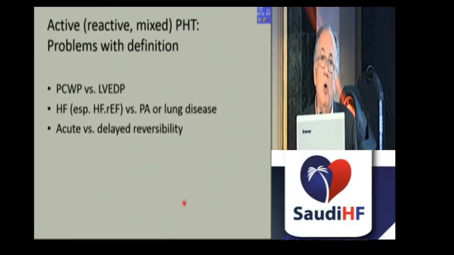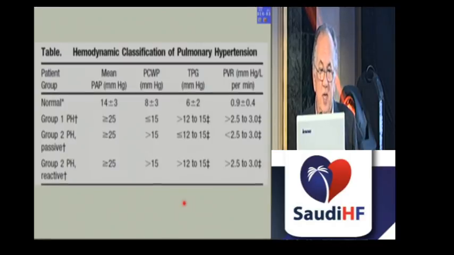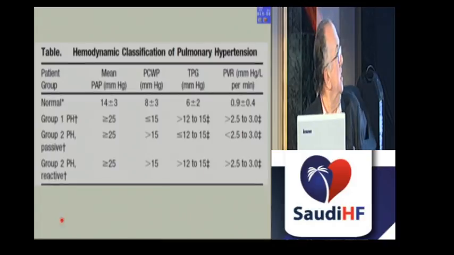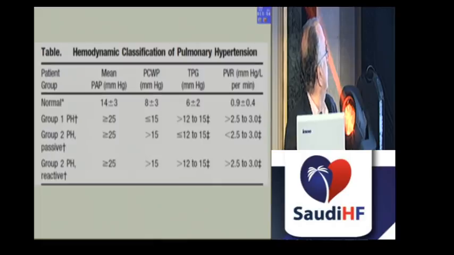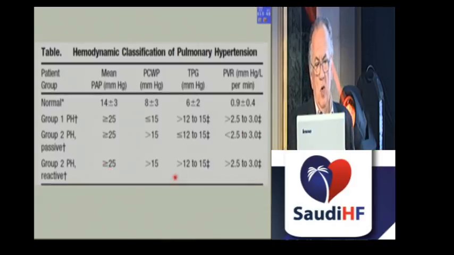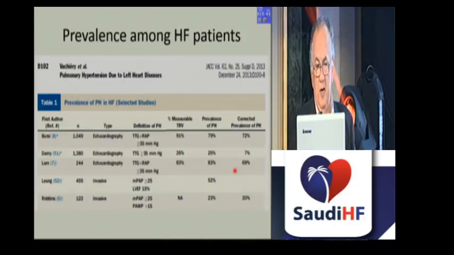And so how are we going to classify late responders or late reversibility patients? This is a summary of the definition by hemodynamics. As you can see here, this is the group we are talking about, group 2, pulmonary hypertension of the reactive variety, where the transpulmonic gradient is high and the pulmonary vascular resistance is high.